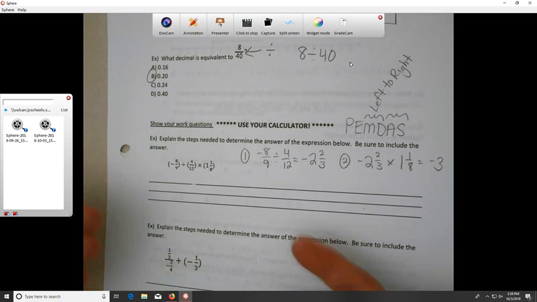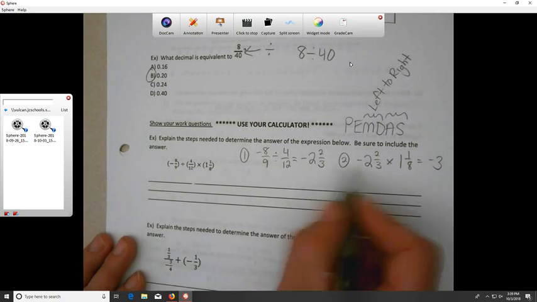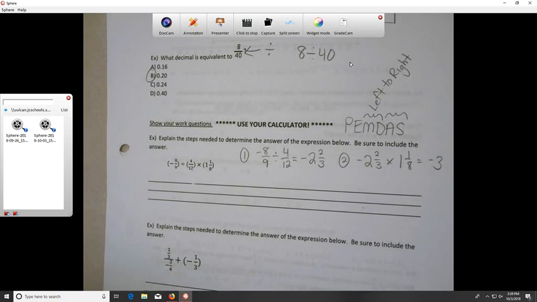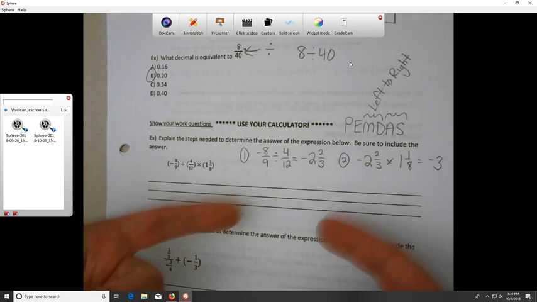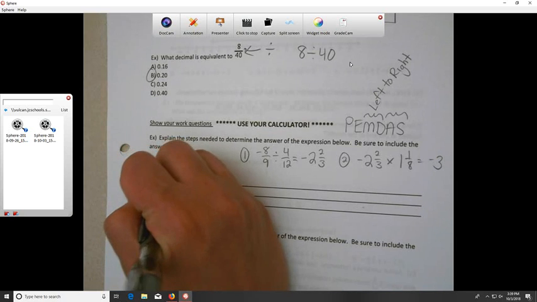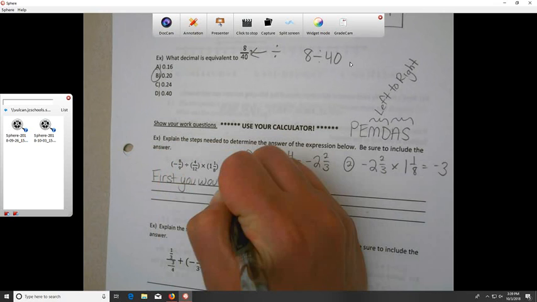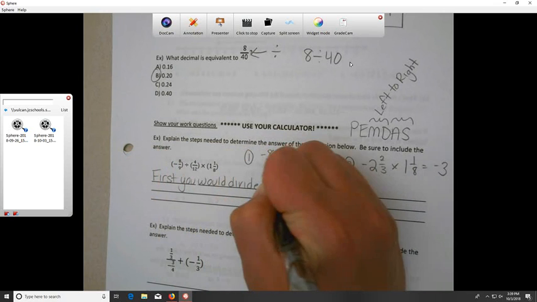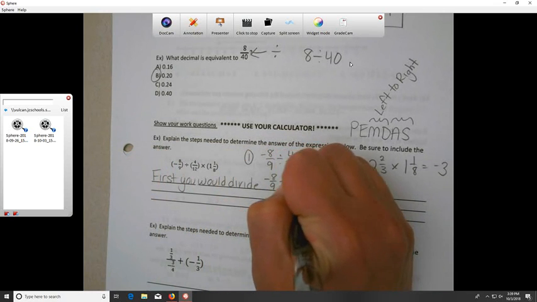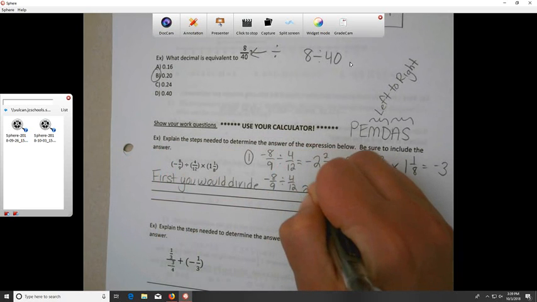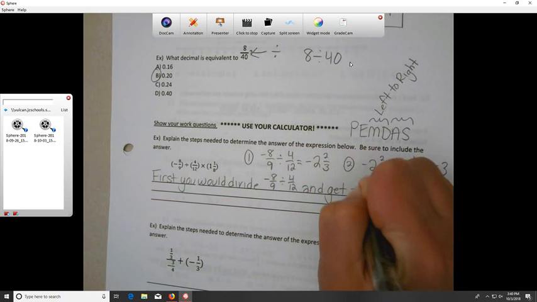Alright, so to explain this, I'm just going to put this into words. This is like your outline for writing an essay. Let's say first, you would divide negative 8/9 divided by 4/12 and get negative 2 2/3.